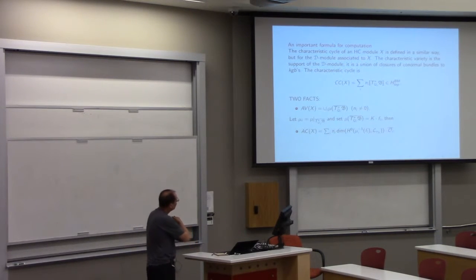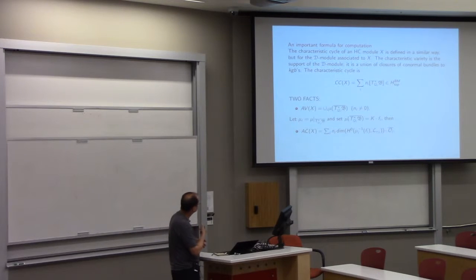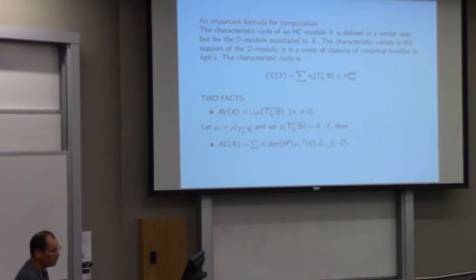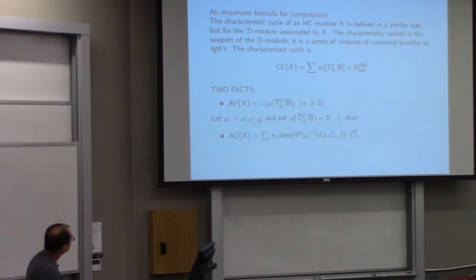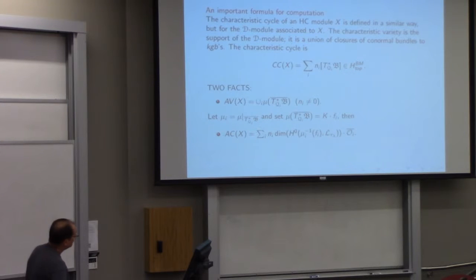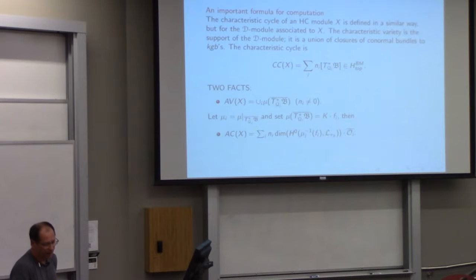Okay, so one way you can think about computing these multiplicity polynomials is the following. A representation has associated to it some B module, and the characteristic cycle is a similar construction to the associated variety, where you take gr with the B module and so forth.